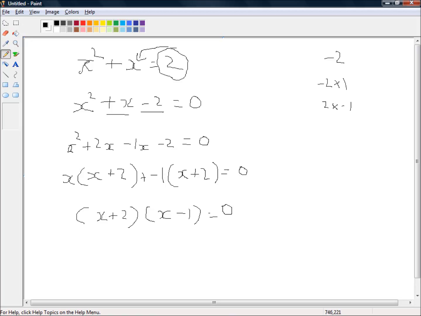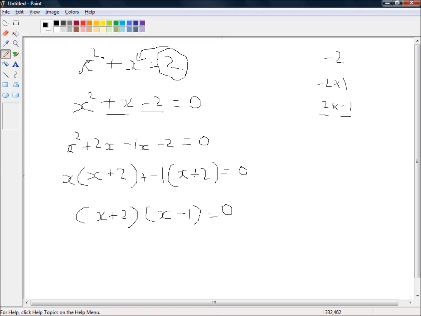If we noticed that our factors were 2 and negative 1, we could have just put x plus 2 and x minus 1, which is the simpler way that a lot of teachers teach this in school. But if you use the decomposition method, you will have a couple of extra lines, but this will work well even if you've got a 2 or 3 or 4 in front of your x squared term. So it's good to get into the practice of decomposing.